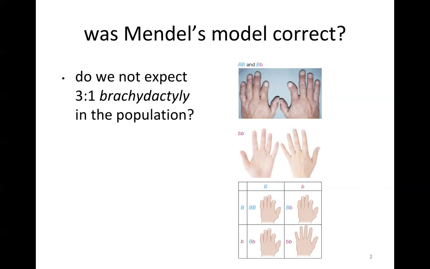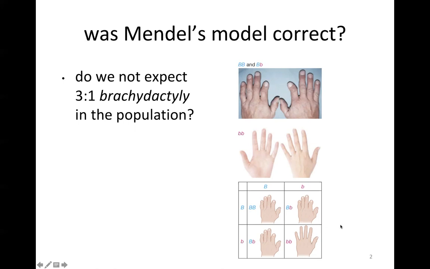Some scientists were arguing, okay, in the Mendelian model, this is a dominant trait, as you see, and if we have two heterozygous parents having kids, 3/4 of the kids are expected to show the phenotype, and only 1/4 will not show brachydactyly.